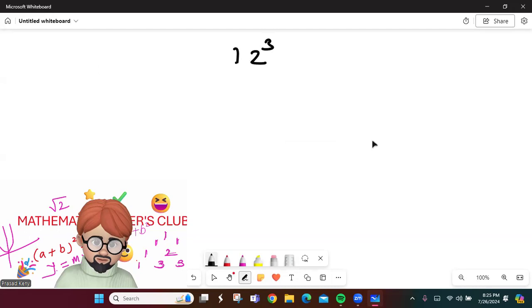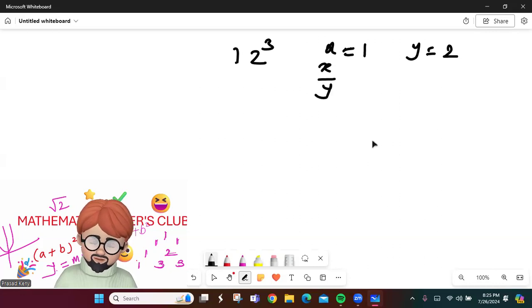Here I will take the first digit as x and the second digit, on the units place, as y. And I will take the ratio of the first digit to the second digit, that is the digit on tens place to the digit on units place, and that will be 1 upon 2.